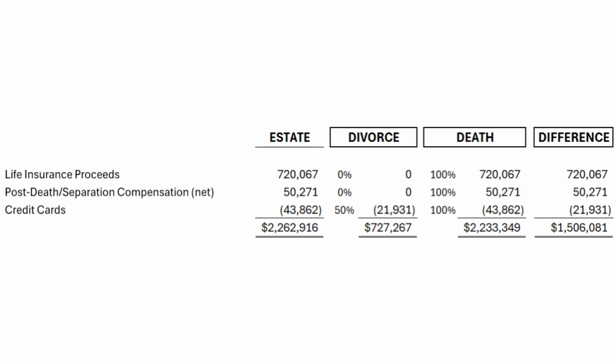Right. And then on line 25, you have something called post-death separation compensation. What is that? The company elected to continue to pay Mr. Sementilli for 6 months after he passed, and that compensation, this is the net that was received after tax, amounted to $50,271.